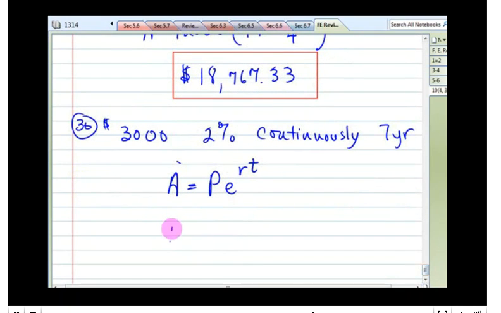So we're going to have A equals 3,000 e to the 0.02 times 7. So if you're putting that in the calculator, just be careful.